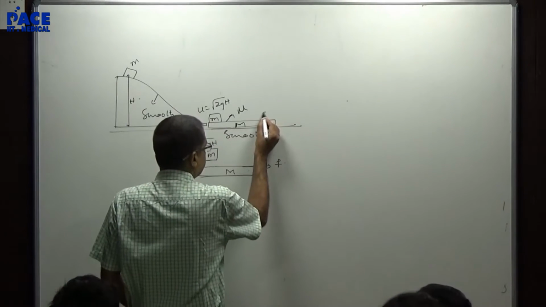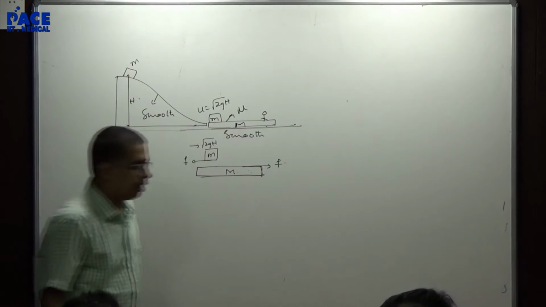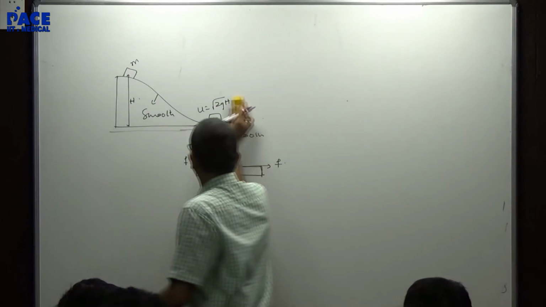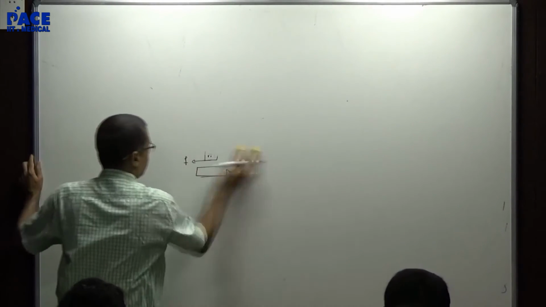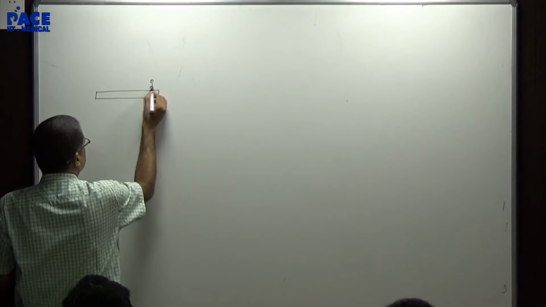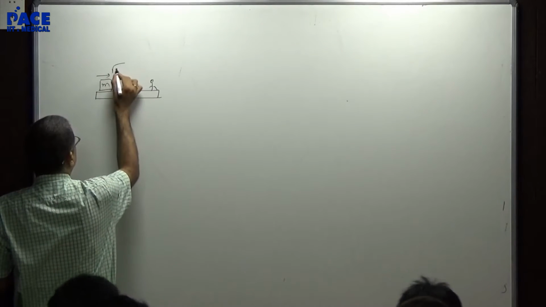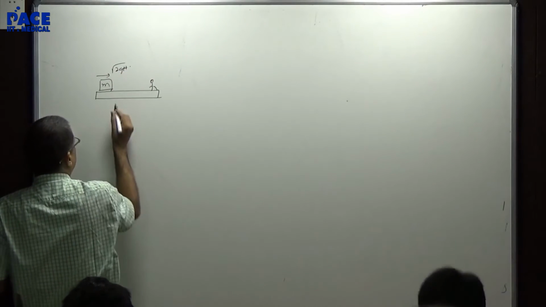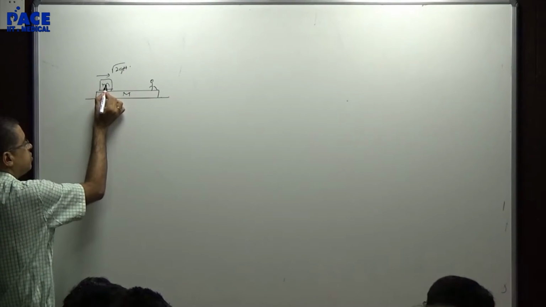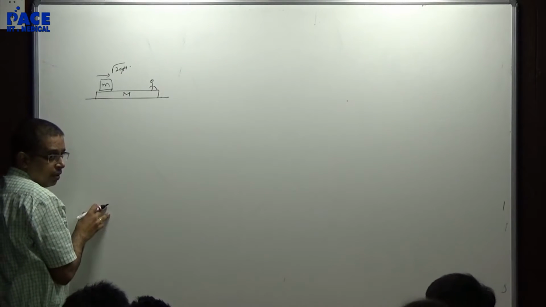Now please listen. There is a man standing here. I will redraw the diagram so that I save some space here. There is a man standing here, small m, this is under root 2gh, this is capital M. Initially the man sees this block coming on to capital M with the speed.